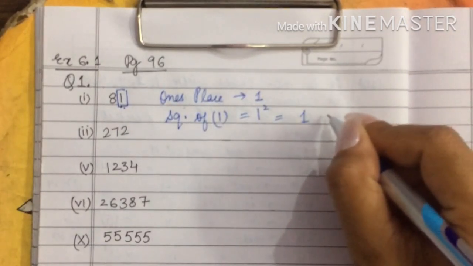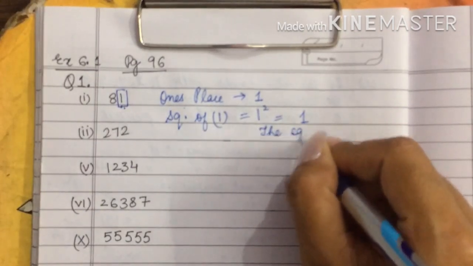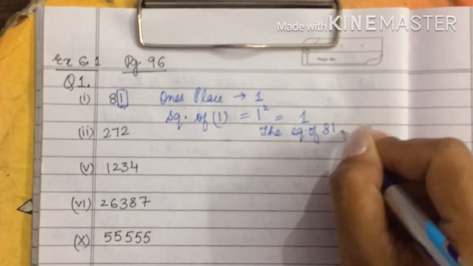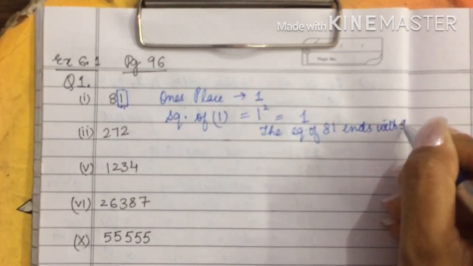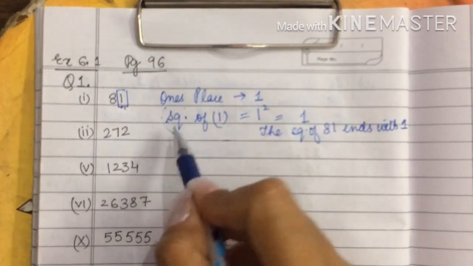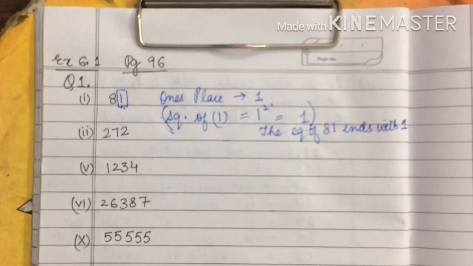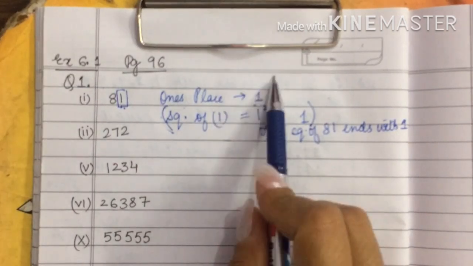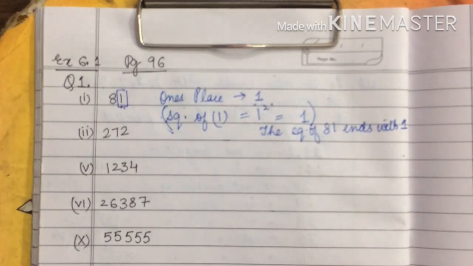So you will write down the square of 81 ends with 1. If you want, you can skip this step. Just looking at 1, square it in your mind, and then you can tell the answer will end with 1.